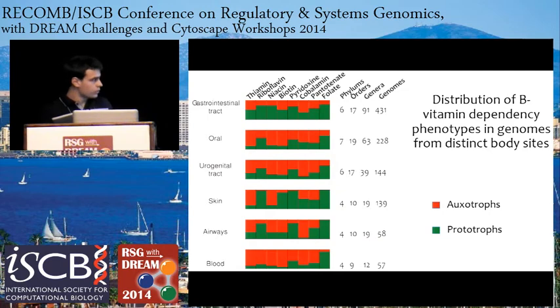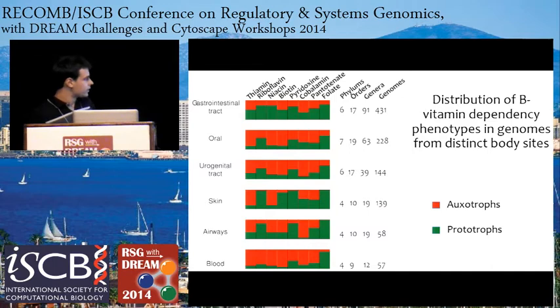Investigated genomes were grouped by the body site they were extracted from, and we computed the B vitamin phenotypic patterns as arrays of prototroph and auxotroph ratio for each body site. You can see that distinct body sites show diverse distribution of B vitamin dependencies.